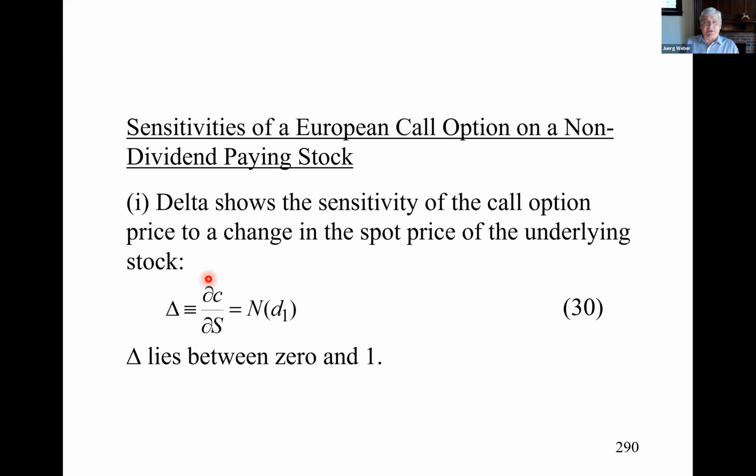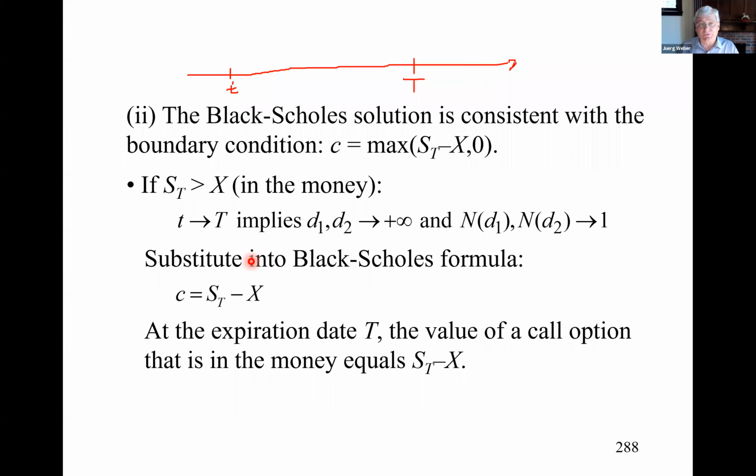Now let's look at some sensitivities. By the sensitivities, we just mean the partial derivatives. The delta shows the sensitivity of the call option price when the spot price of the underlying asset changes. So you hold an option, and maybe over time the spot price of the underlying asset changes.